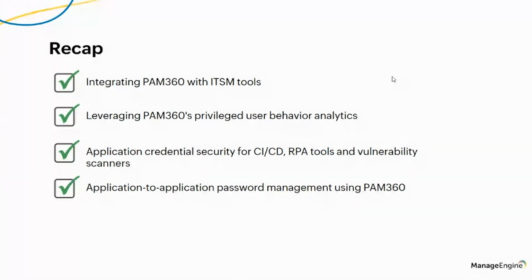And then we saw how you can hook PAM with your DevOps area, RPA area, and vulnerability scanners to make sure they never fail and they always get the latest credential when they need it. And then we saw how you can leverage APIs for application to application password management and application to database password management, because these are the places where secrets are typically hard coded. You can eliminate those secrets and implement this API setup so that it's fully automated and secure.